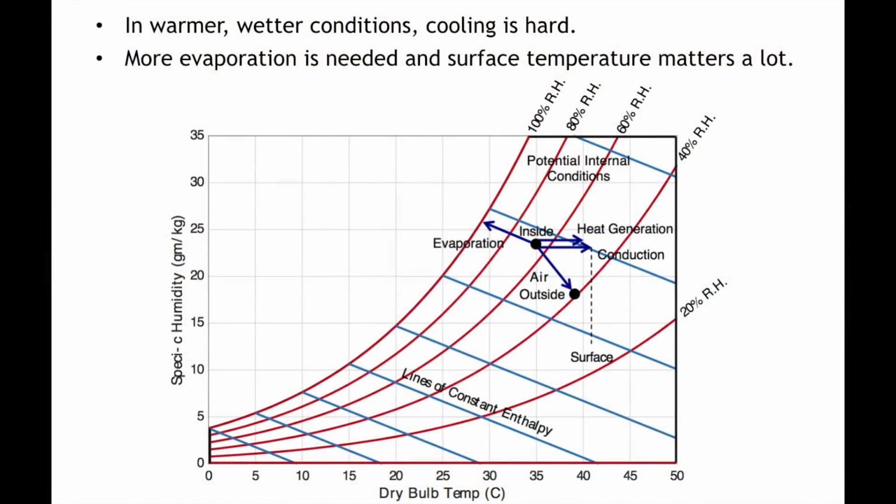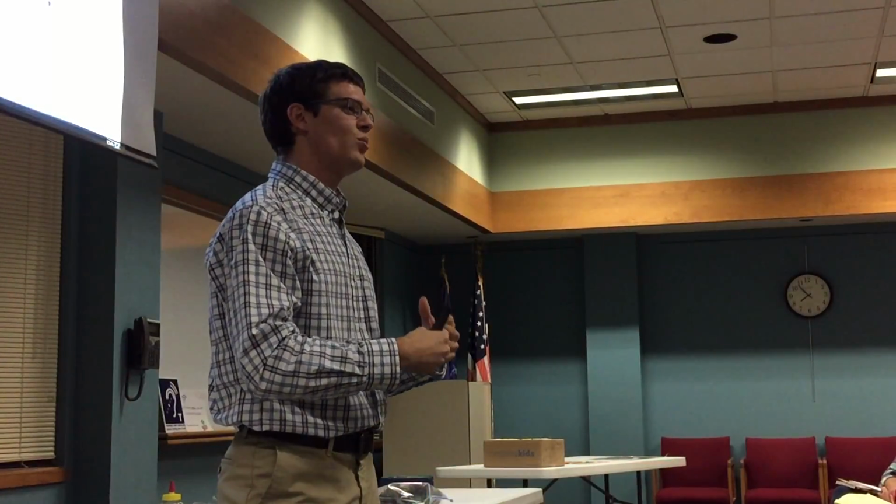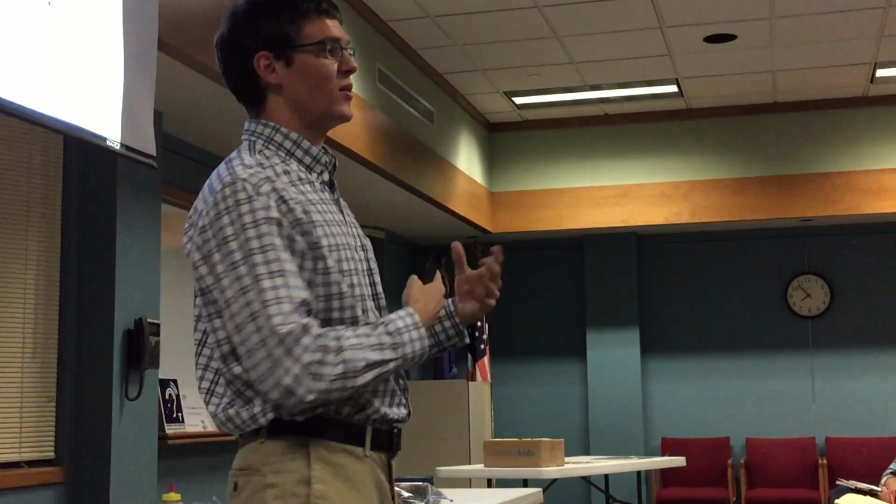On the other hand, if it's a warmer day, then they have to work harder, and it's harder for them to keep the same conditions. In this case, the air outside is hotter than what the bees actually want. And so the only thing that they can do to keep the hive cool is to forage a lot of water and try to evaporate it.